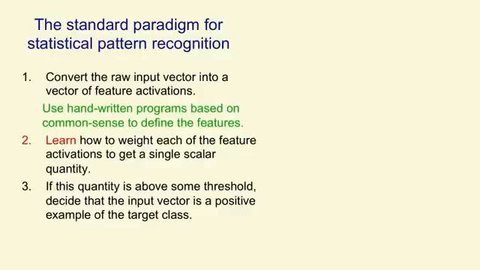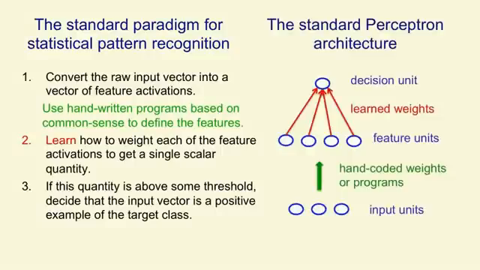A perceptron is a particular example of a statistical pattern recognition system. There are actually many different kinds of perceptron, but the standard kind, which Rosenblatt called an alpha perceptron, consists of some inputs which are then converted into feature activities.